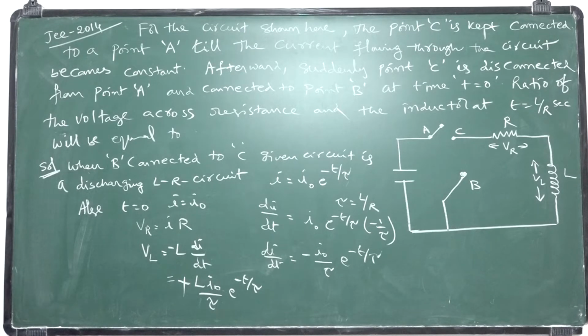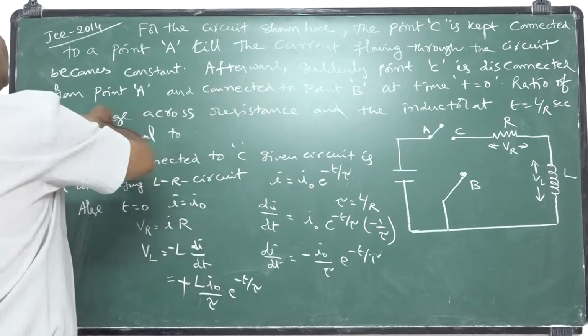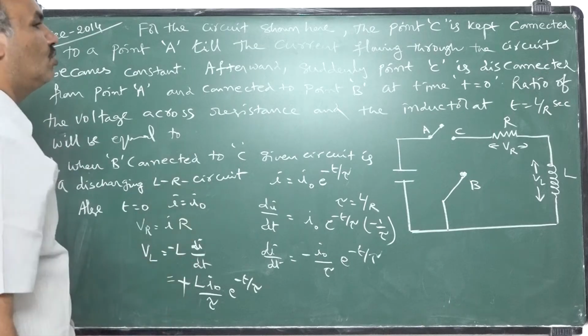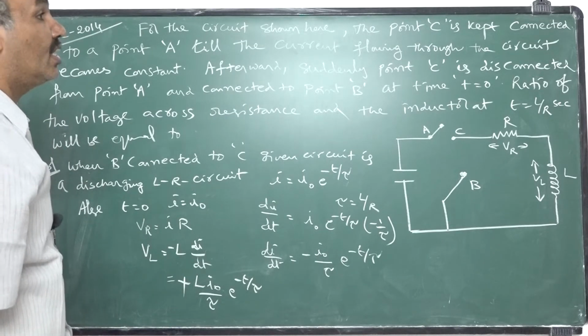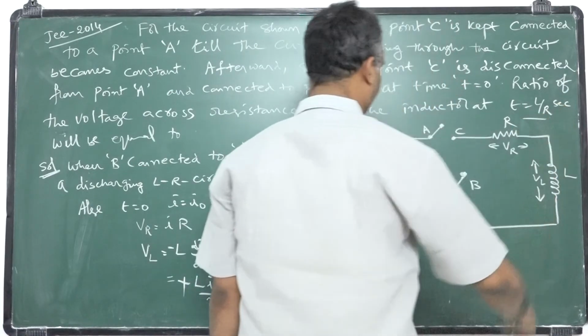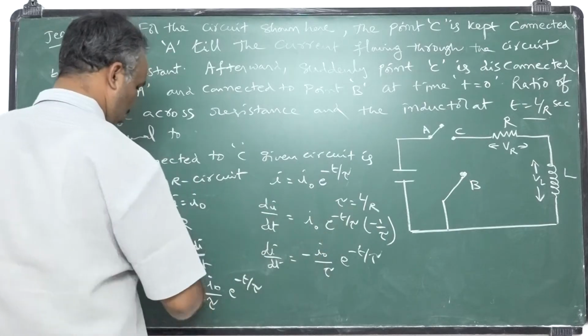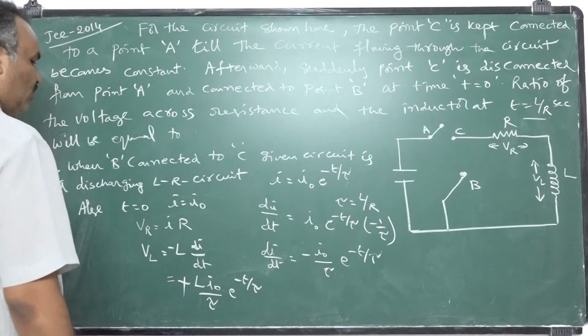Now, the question is, you have to find the ratio of voltage across resistance to voltage across inductor at a given time t equal to L by R seconds. Already here voltage across resistor and inductor is found.